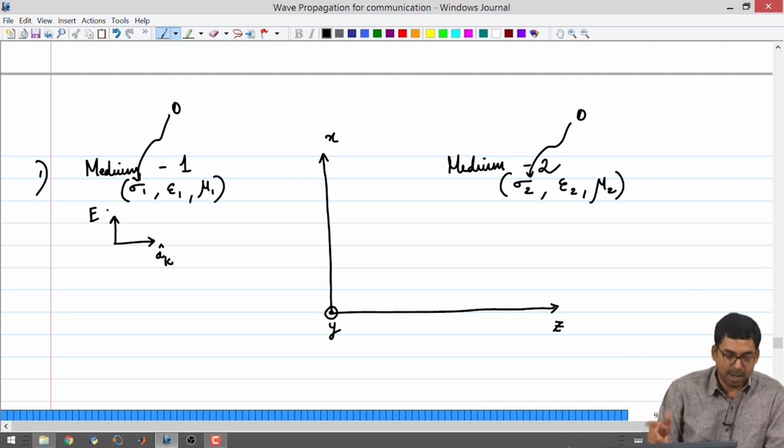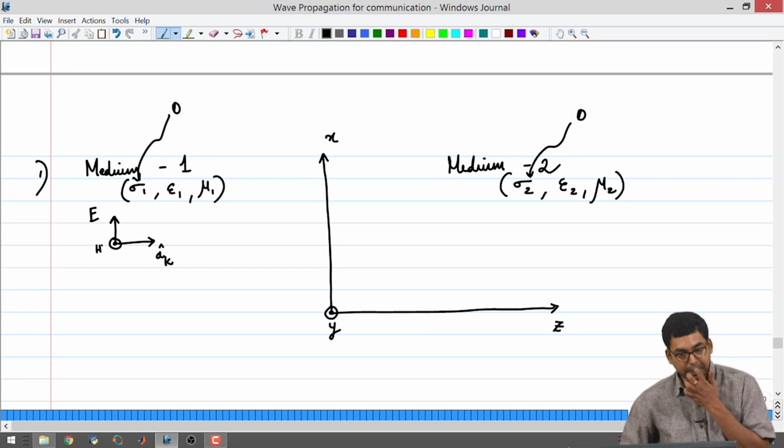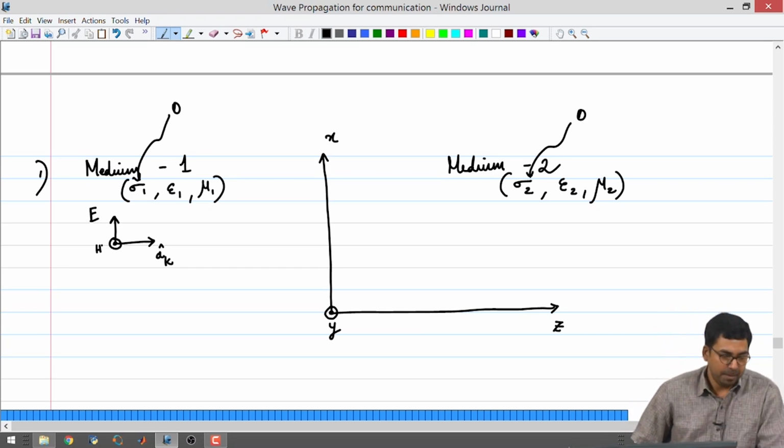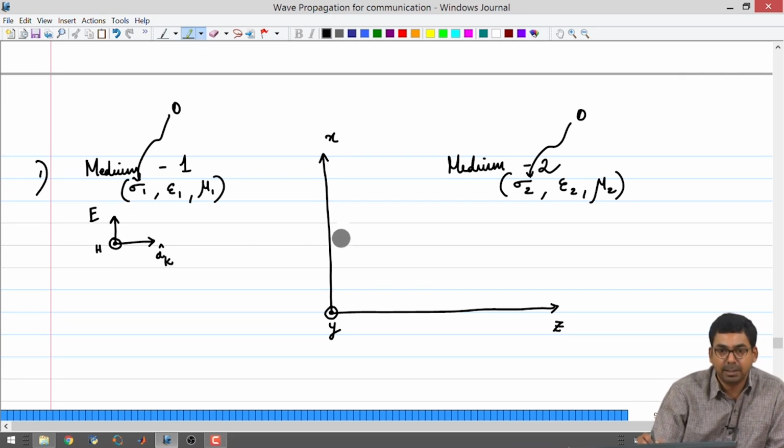In this case it is a right handed system, so the magnetic field is going to be out of plane in this case. Okay. Now, this wave is a plane wave, all right, and its direction of travel is from left to right. It goes, hits the interface, okay, hits the interface.